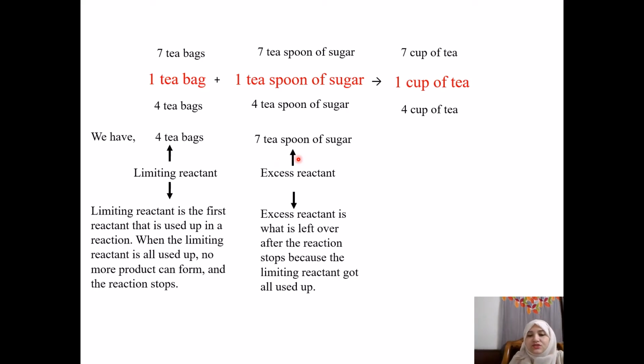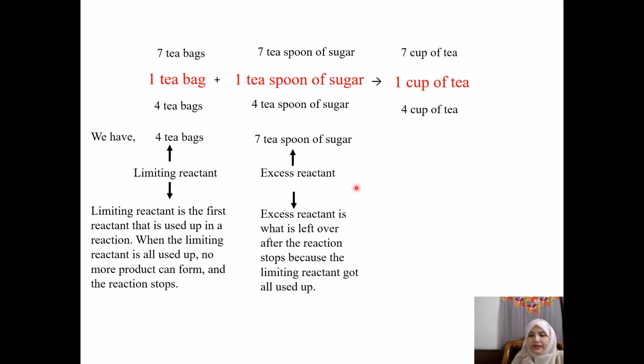The excess reactant is what is left over after the reaction stops because the limiting reactant got all used up. In that case, the extra reactant is 7 minus 4, that means 3 teaspoons of sugar.